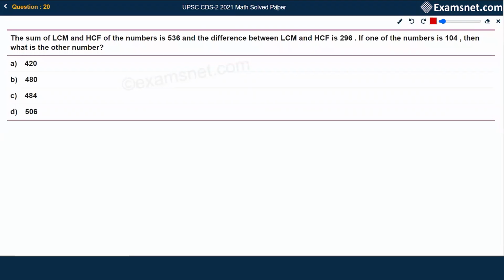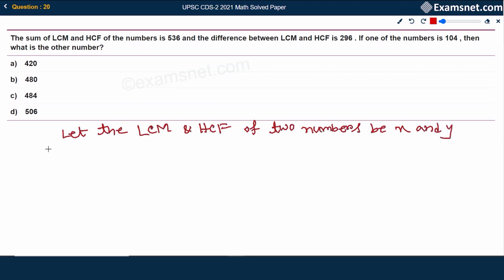In question number 20, it is given that the sum of LCM and HCF of the numbers is 536 and the difference between LCM and HCF is 296. If one of the numbers is 104, then what is the other number? So we can assume let the LCM and HCF of two numbers be X and Y respectively.